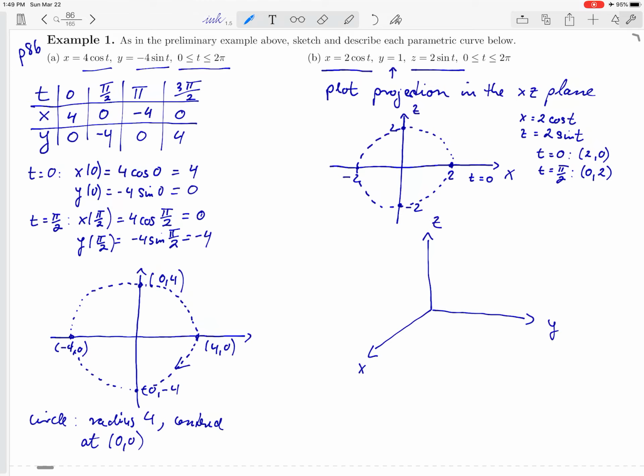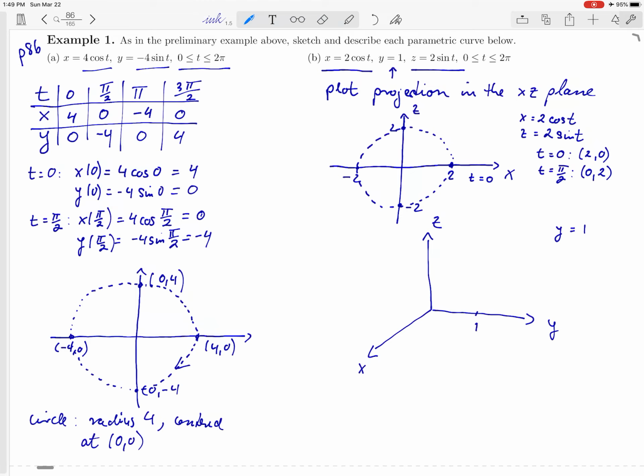So here I have my x-axis, my y-axis, my z-axis. And now we are also going to pay attention to y is equal to 1, no matter what time we are looking at the particle moving along this curve. The y value is always 1.